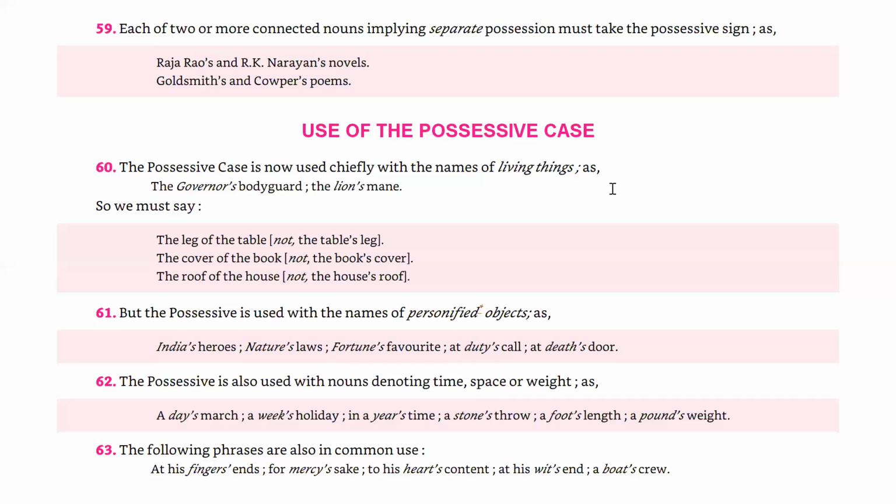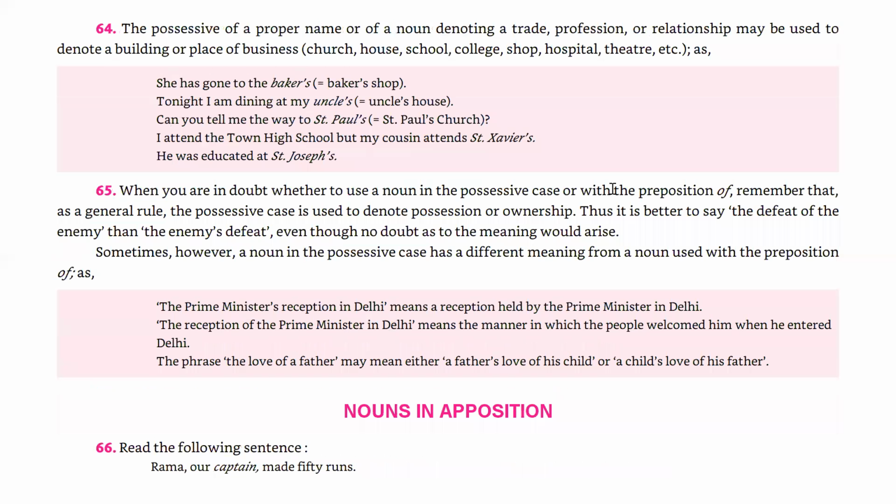The following phrases are also in common use. At his fingers' ends, for mercy's sake, to his heart's content, at his wit's end, a boat's crew, etc. So these are possessive cases.